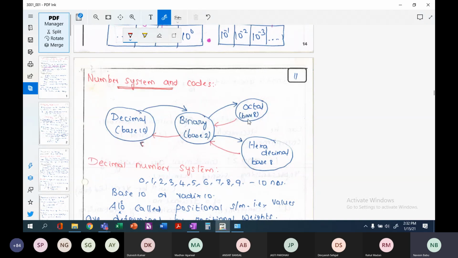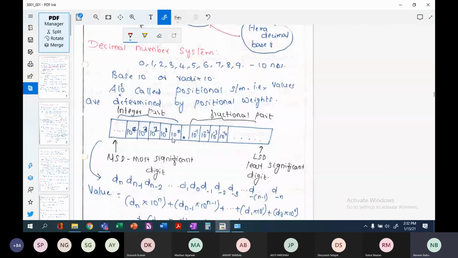Similarly, if you want to convert from octal to decimal, you cannot do it directly. Instead, you have to convert to binary and then from binary to decimal. So now let us look in slightly more detail at the decimal number system, because once we know the decimal number system, the hexadecimal and octal systems are slightly easier to represent.